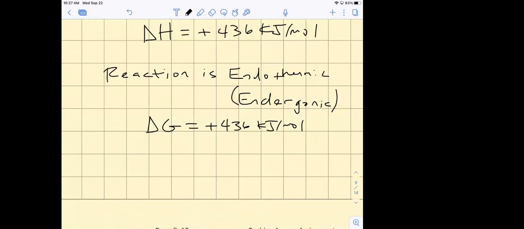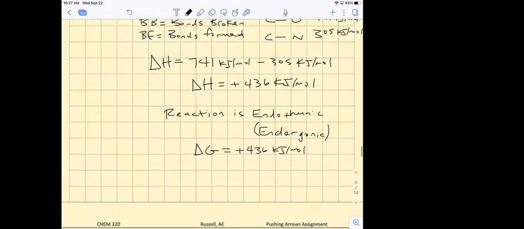And so what we can glean from that is we can think about what the reaction energy diagram would look like for this reaction. We're not going to do this precisely, this is an approximation. But if we take the energy diagram, you should have seen this if you watched the video I sent the other day.